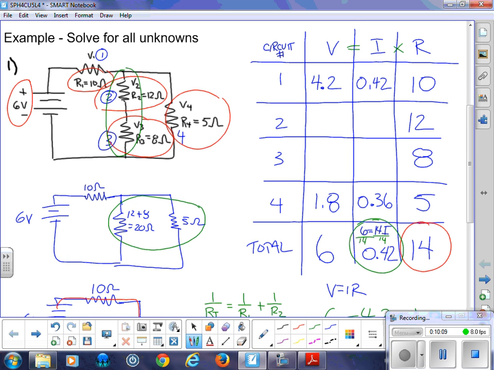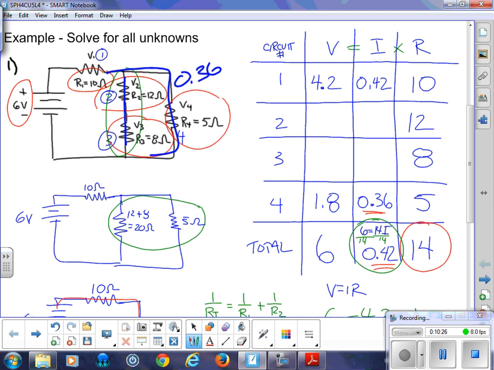And what I find is the current is 0.36. Now we know the total current is 0.42. All right, the total current was 0.42. 0.36 of it is going that direction right there, or has decided to go this way. So 0.36 is going this way.